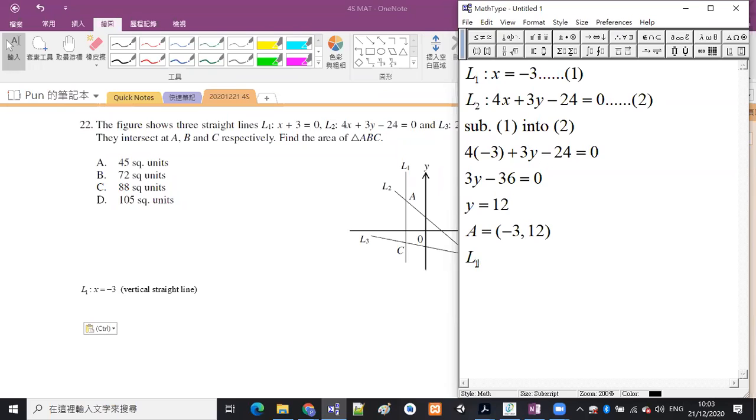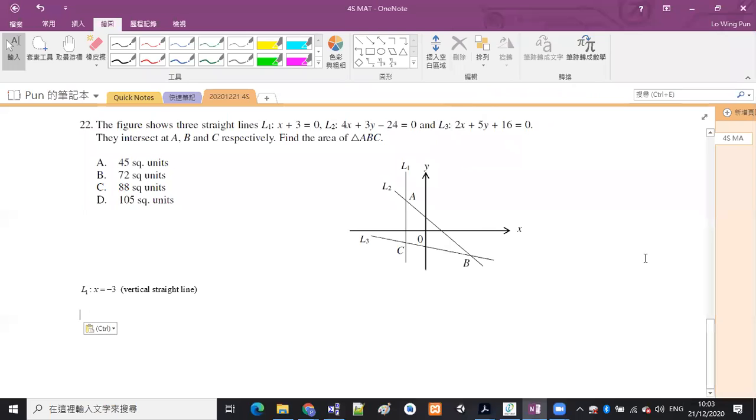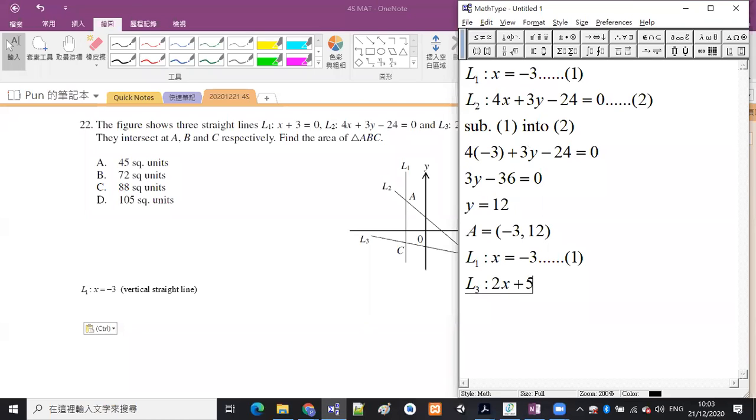Point C will be the intersection point of L1, still equation 1, and L3. L3 will be 2x plus 5y plus 16 equals 0, this is equation 3. And then we need to sub equation 1 into equation 3.